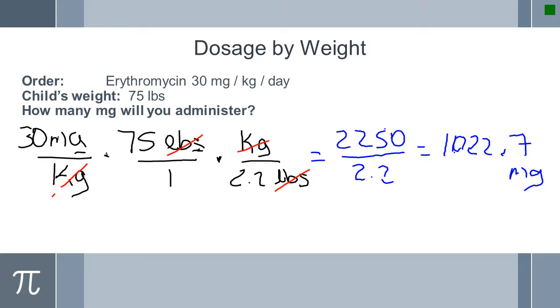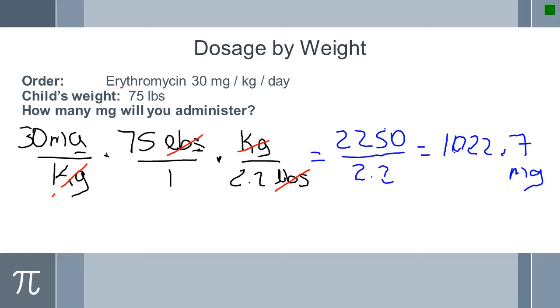So then we do our math. And so we have 30 times 75 on top, which gives us 2,250. And our bottom is just 1 times 2.2. So we're going to divide that by 2.2.